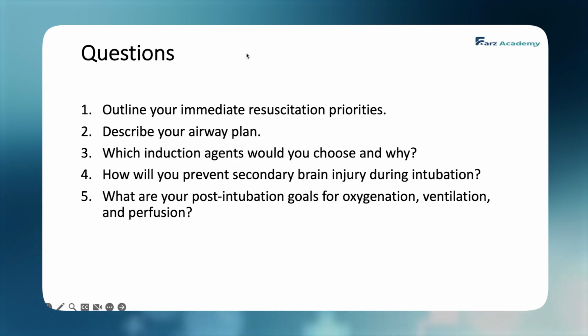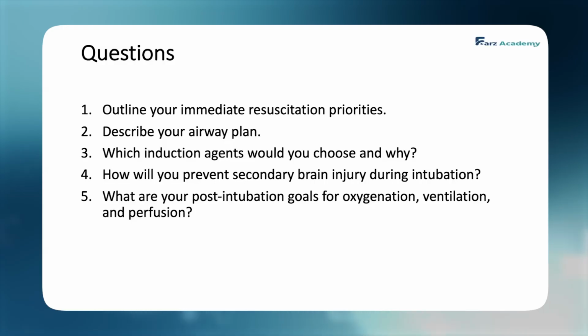Let me start. Yeah, John, tell me the answer to the first question. How would you go for immediate resuscitation priority? Okay, I will apply the ABC resuscitation method to this patient, because GCS is already compromised at 8/15, and the patient is also hypotensive.